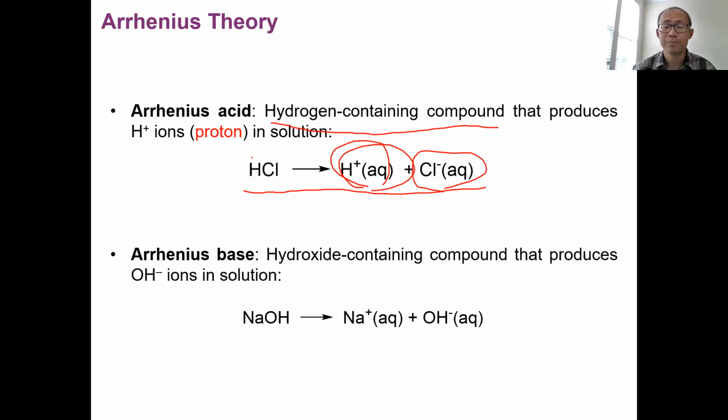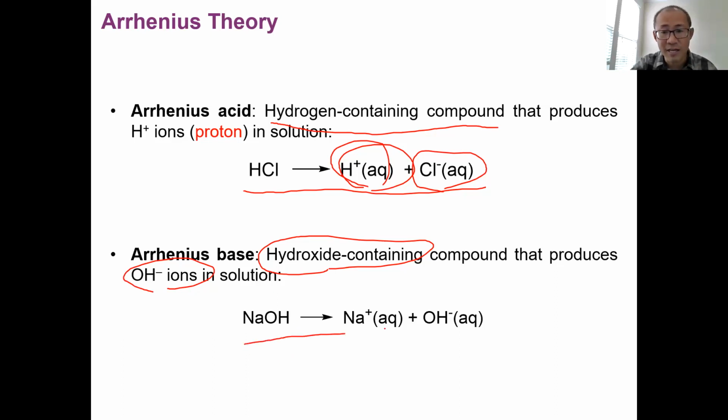Now, very similar, the Arrhenius base. Arrhenius bases are hydroxide-containing compounds. If you forgot from chapters 4 and 5, we have polyatomic ions. Hydroxide is OH. So Arrhenius bases are OH-containing compounds: sodium hydroxide, lithium hydroxide, potassium hydroxide, etc. These hydroxide-containing compounds will produce hydroxide ions, OH minus ions, when dissolved in water in solution.